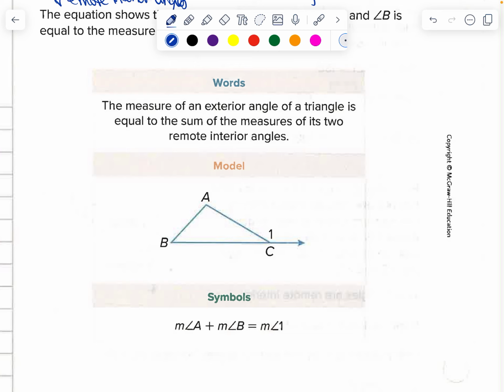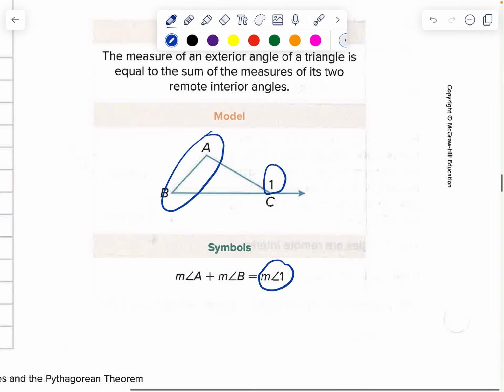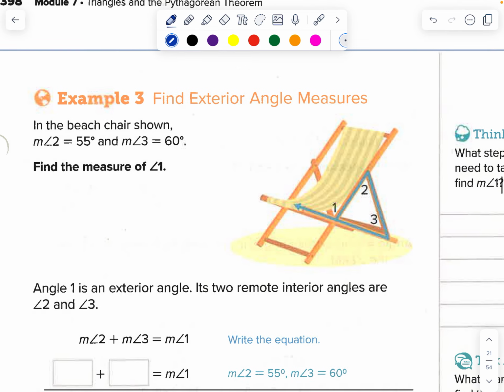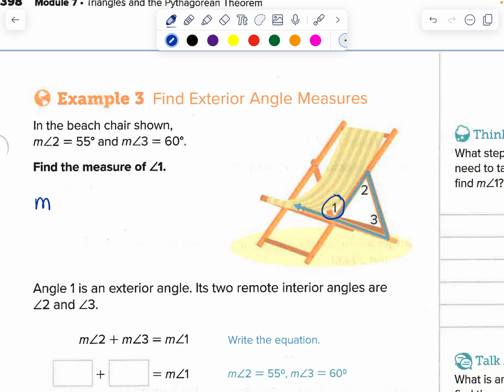Okay, so this is my exterior angle right here. It's equal to the measure of these two angles. Okay, so here we go. So this is my exterior angle. So my exterior angle equals the sum of my remote interior angles.